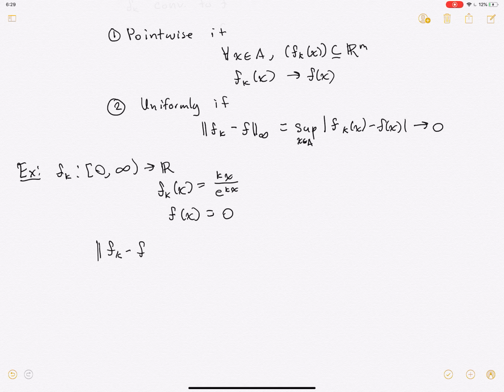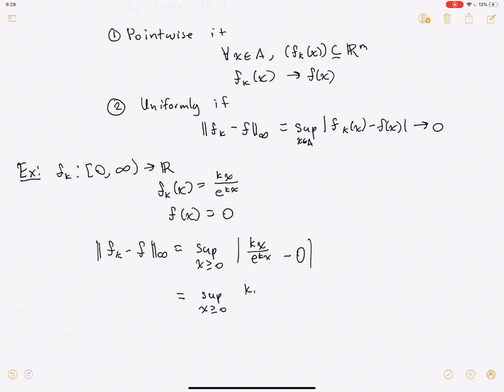But if you look at the infinity norm, the supremum over x greater than or equal to 0 of kx / e^(kx) minus 0, that is just going to be this.